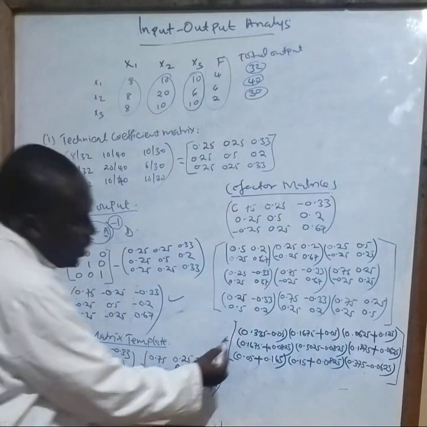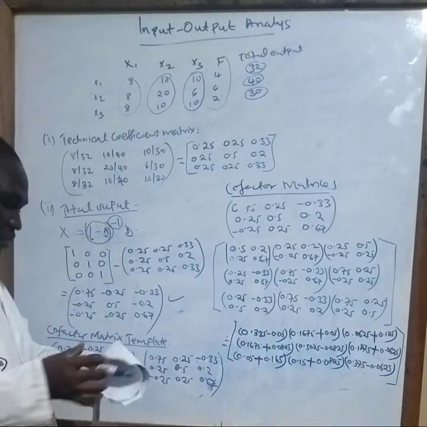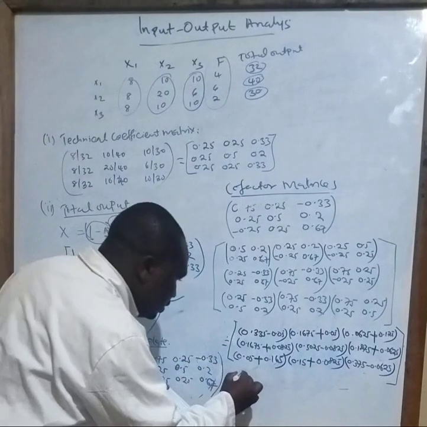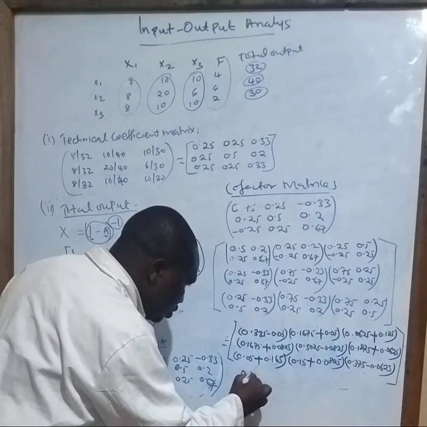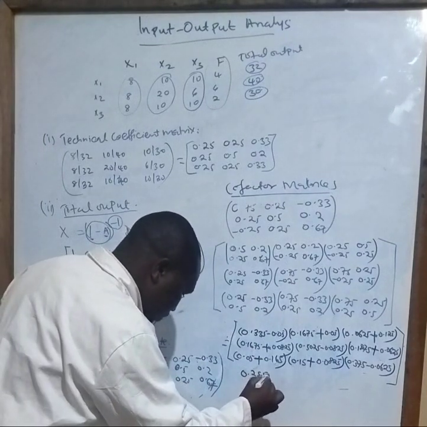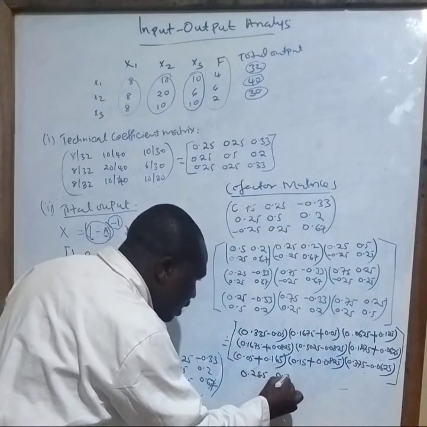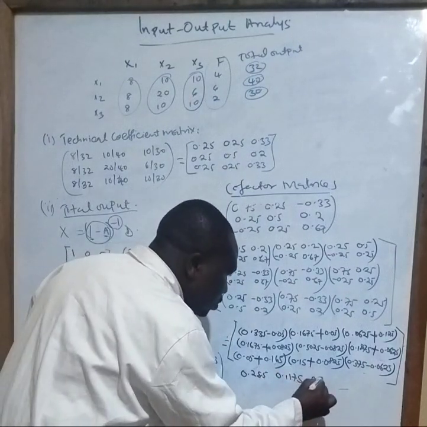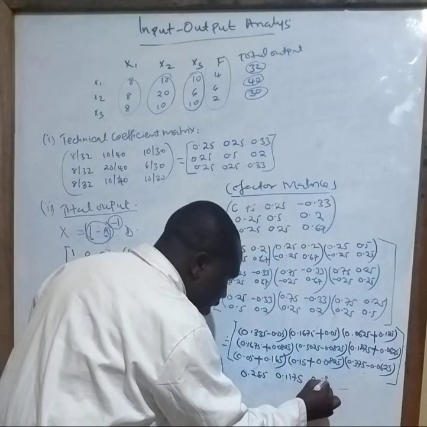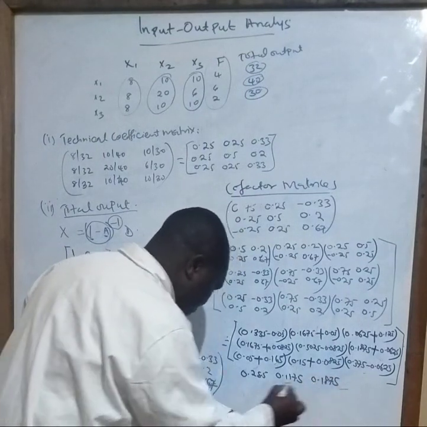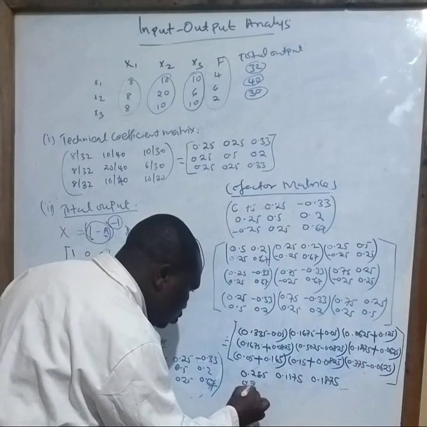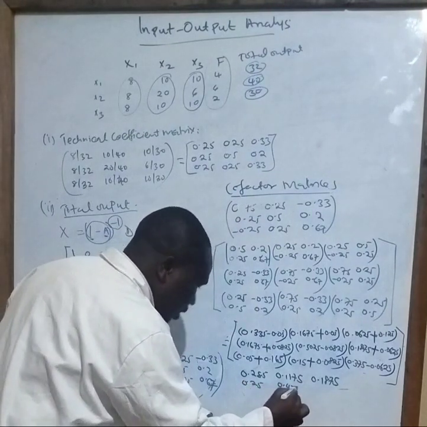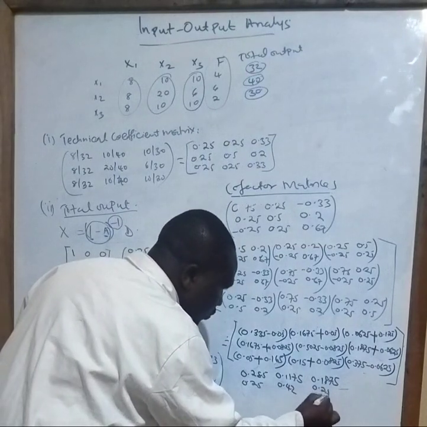Now, if you now work out exactly what is inside there, your final answer will be 0.335, 0.285, 0.1175, and 0.1875, 0.25, 0.42, and 0.25.